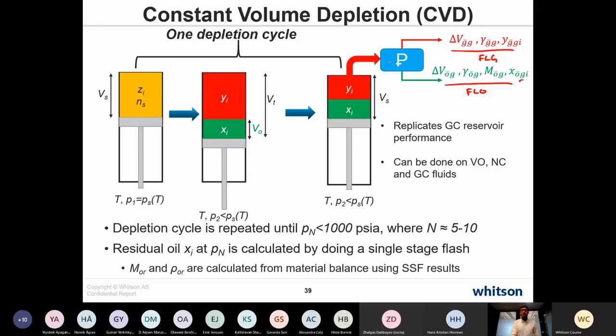Because if you just do a single stage flash, there may be chances that you lose some of the liquid, which may condense out in the pipe from which the gas is flowing. And if you lose that liquid, then you will get an equilibrium composition that is much leaner compared to what you expect in your well stream composition when you start producing.